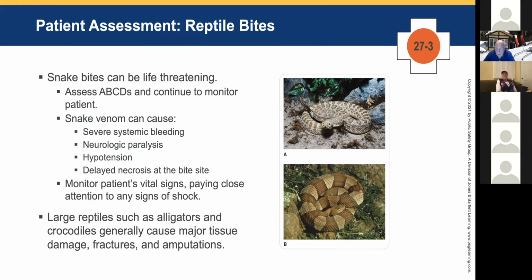As we go on, I think we've all seen the movie where somebody gets bitten by a rattlesnake and the hero jumps in, cuts the area around it, sucks the venom out and spits it out. We read the book and say, no, first of all, it doesn't work. It can spread the venom. Don't do it.